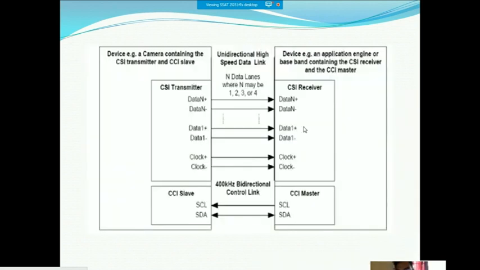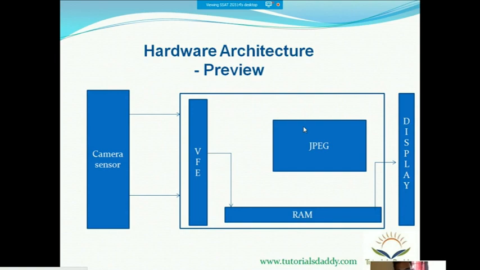So now let's talk about the hardware pipeline in a camera. Most vendors and OEM manufacturers have their own different architectures and pipelines for transferring data from the camera sensor to the SoC.